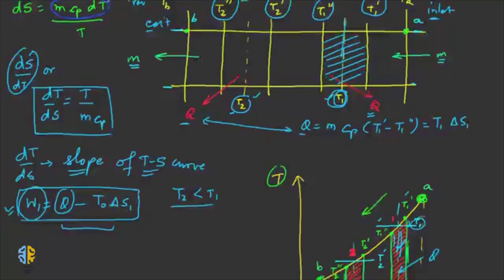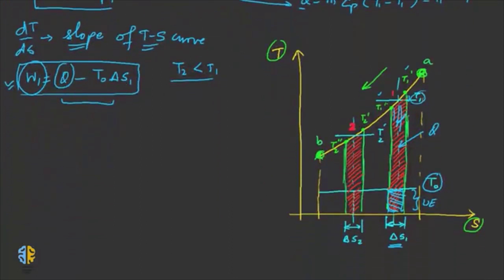So for the temperature drop between T2 dash to T2 double dash, I would say that Q is equal to M into Cp into (T2 dash minus T2 double dash), and the average temperature being T2 into delta S2, this value.